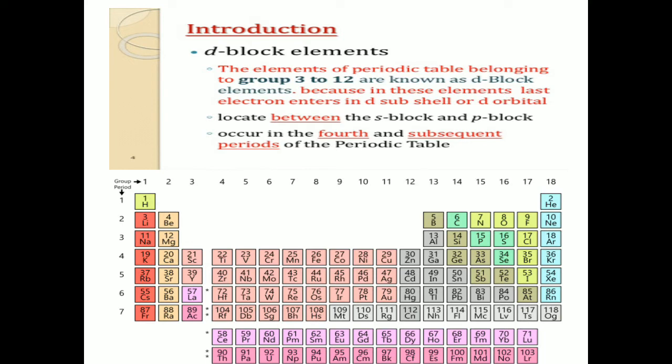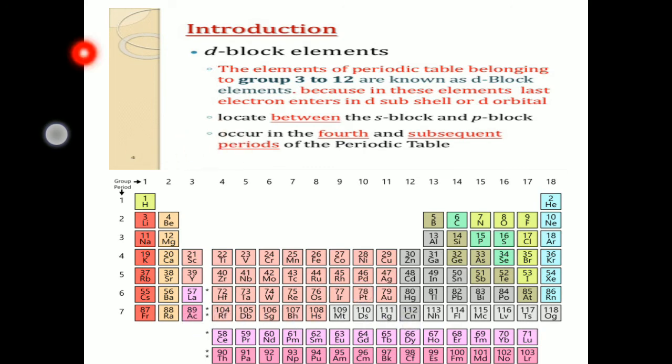These d block elements are present in between the s block and p block elements. They are arranged in 4 rows.